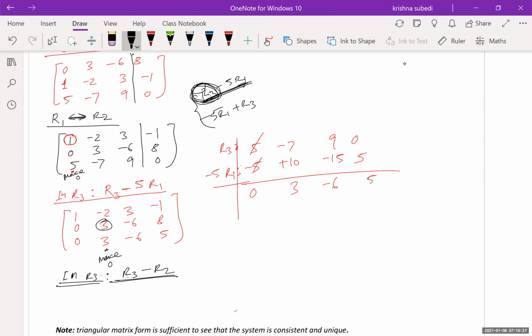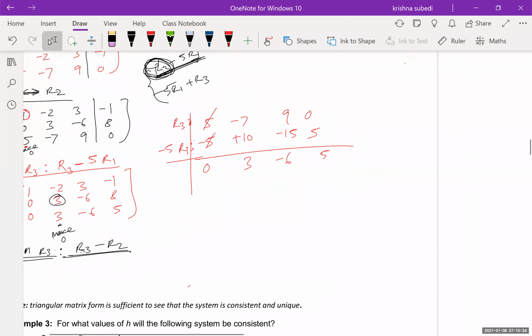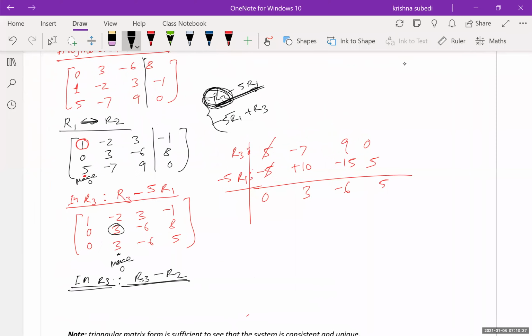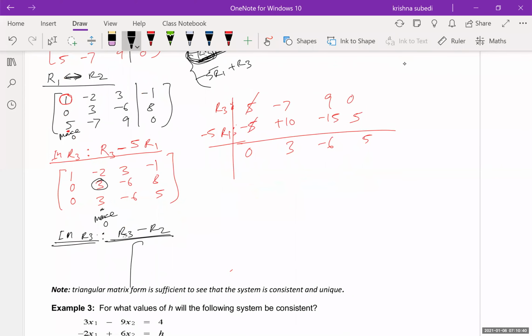So if I write R3 first, that means I'm going to do the operation in R3. Now let me just do what is the remaining here. So the first row we did nothing, copy as it is. And the second row we did nothing, copy as it is. And the third row means this R3 minus R2, 0 minus 0 is 0, 3 minus 3 is 0, that minus that is 0, and 5 minus 8 is -3.